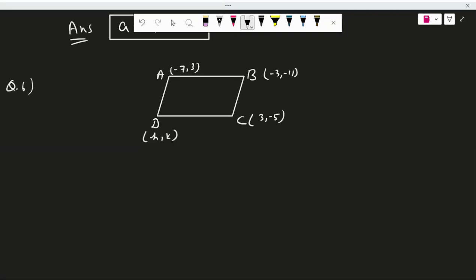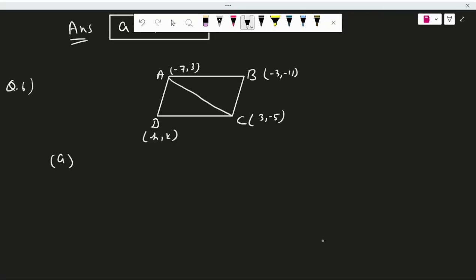First we have to find the midpoint of AC. We can easily find it, that's not a big deal.